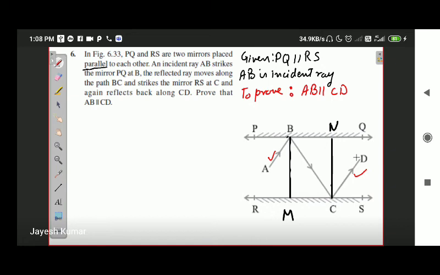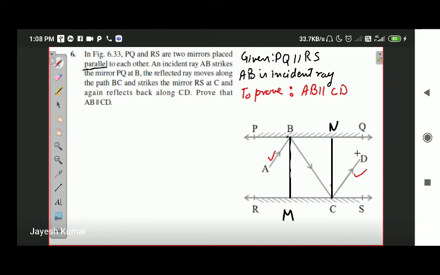So, students, let me remind you once again. When we were proving that any line is a straight line, I told you that you can use only two things: either vertically opposite angles or a linear pair. Mostly we were using a linear pair, where the total sum on either side of the line is 180 degrees. Similarly, to prove that a pair of lines is parallel, we do one of three things.